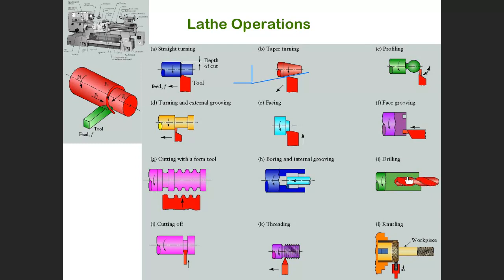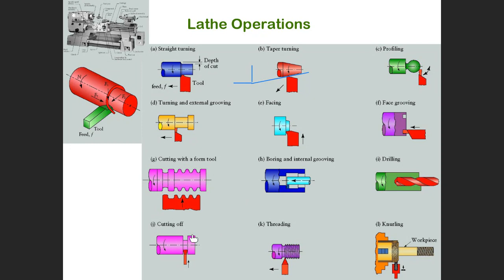So first we drill to create the hole, and second, the tool will get inside and then enlarge the diameter, increasing the size of the hole. Initially there is a hole, and then the tool will increase the dimension of the hole inside, right? So whatever we call it, internal turning or internal grooving or boring.